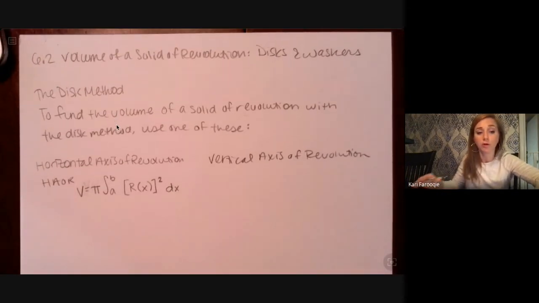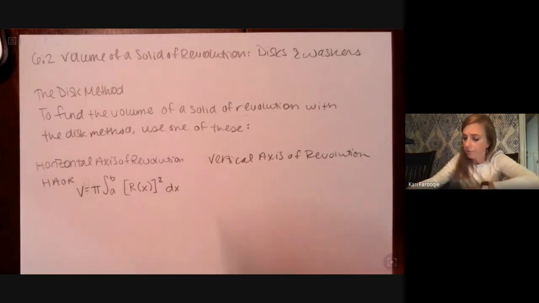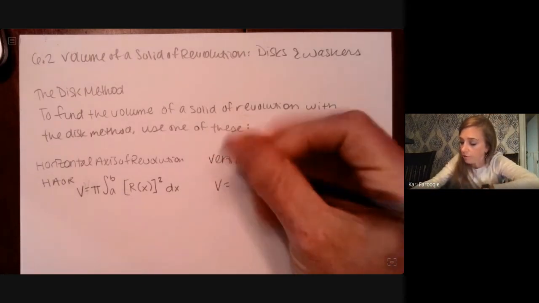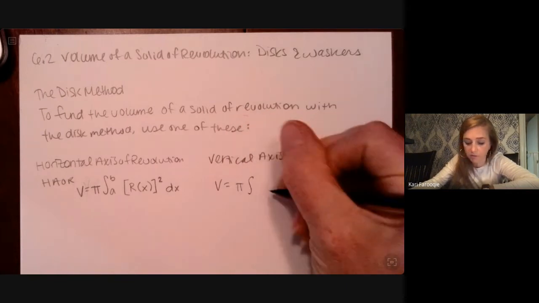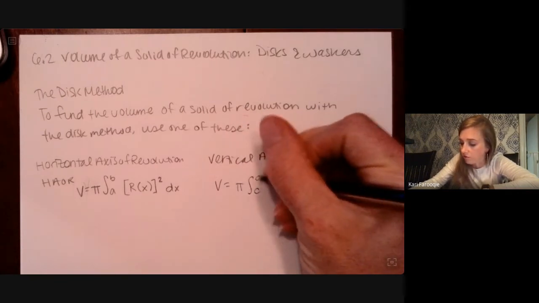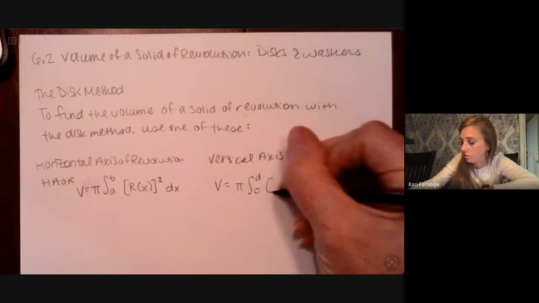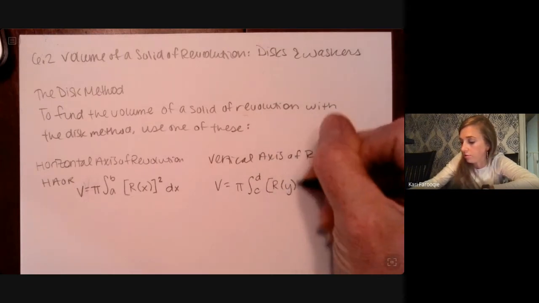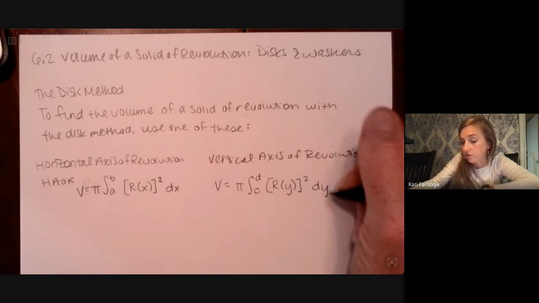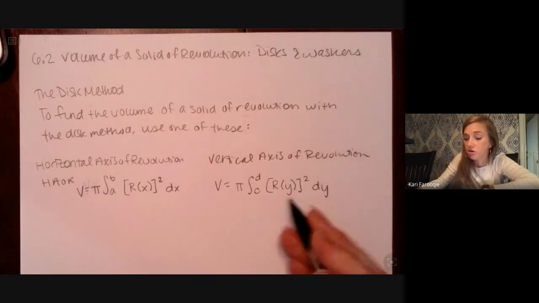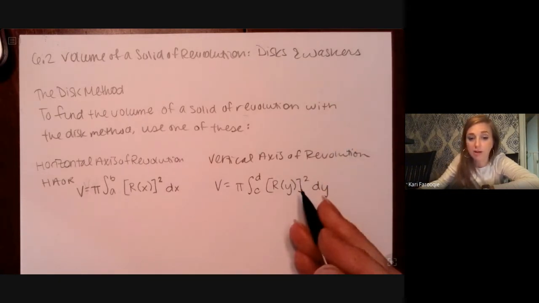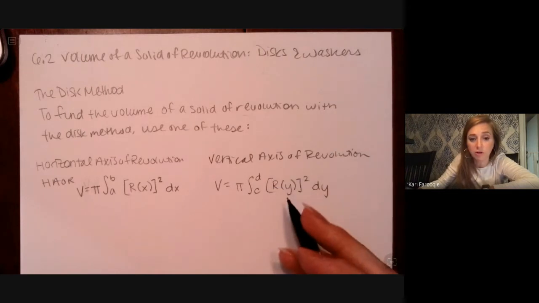All right, so for vertical axis of revolution, very similar. With this one, we just have the volume being pi times the integral from c to d. Normally when we use c to d in our notation, that denotes a dy integral. Now, when you have a dy on your integral, your function needs to be written in terms of y. So this is a radius function written in terms of y.